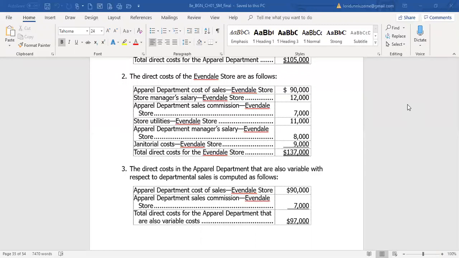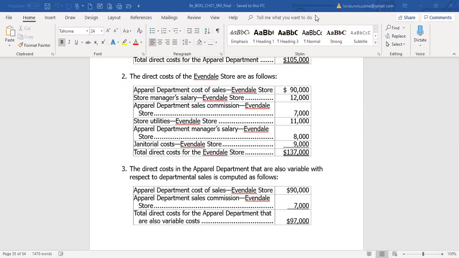Okay, so that's a great review item to test us on direct costs in specific areas, as well as variable costs versus fixed. Let's go to page 57 for problem 1-19. Here, we're given information about Todrick Company.